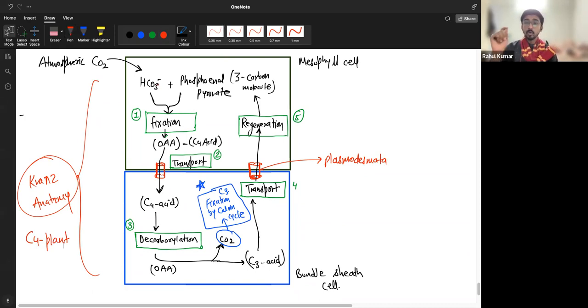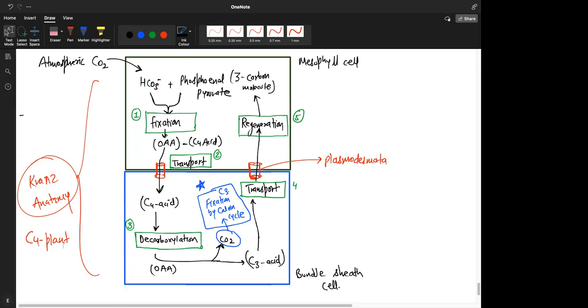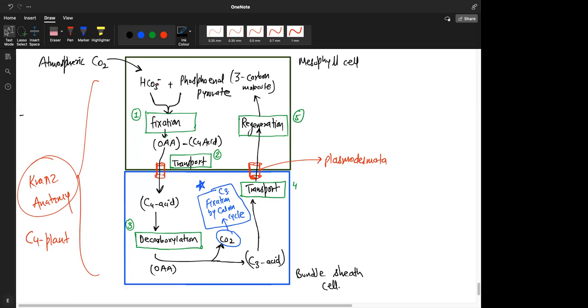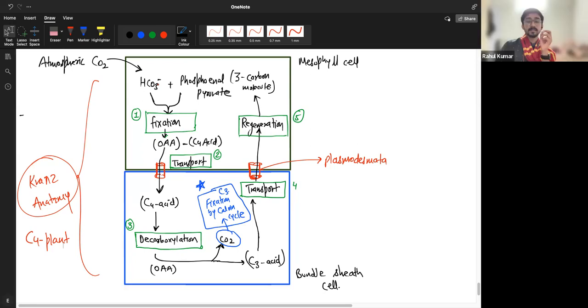Remember in the Calvin cycle, who receives the CO2? Now keep giving me answers. Who receives the CO2 in Calvin cycle? Quick, people. RUBP. And what is the enzyme that catalyzes this reaction? Rubisco. So Rubisco makes CO2 bind with RUBP, or in other words, Rubisco carboxylates the RUBP.